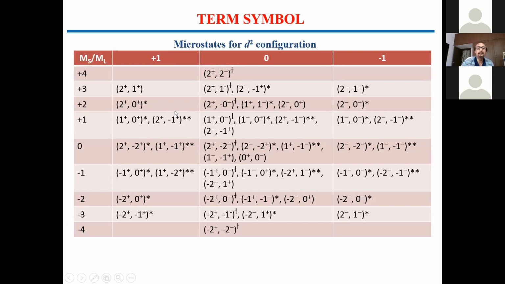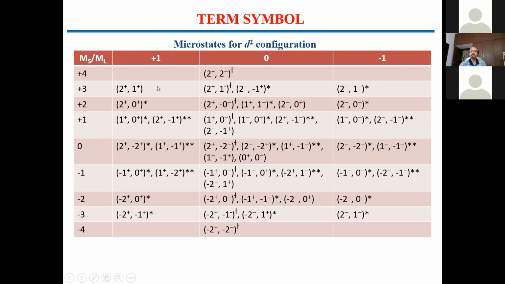You see that if you take one particular item, for example, +4, +4 means G, right? ML +4 means G, where this is S and this is L. Under G, S equal to 1 is not active, and S equal to -1 is not active because of the Pauli exclusion principle.